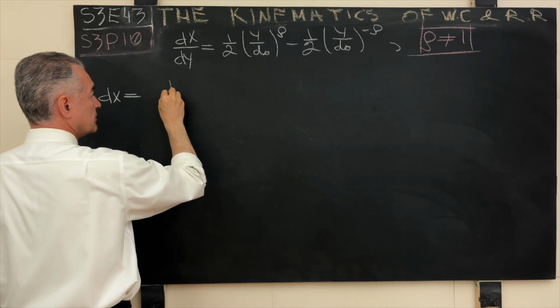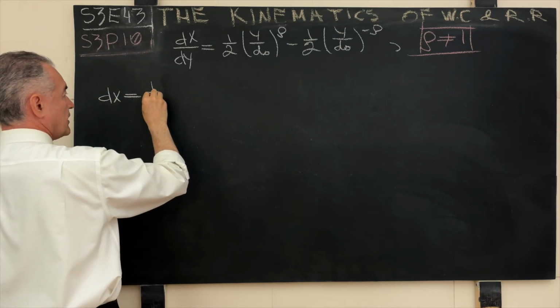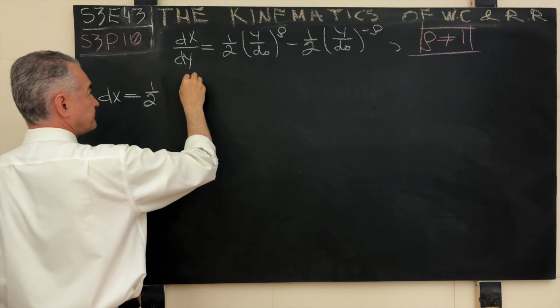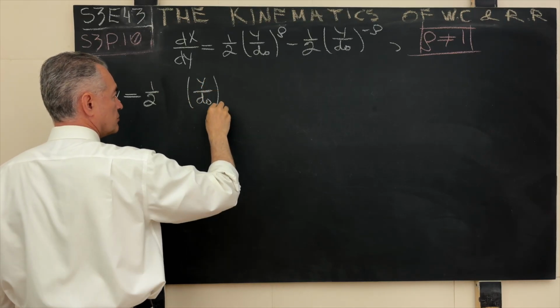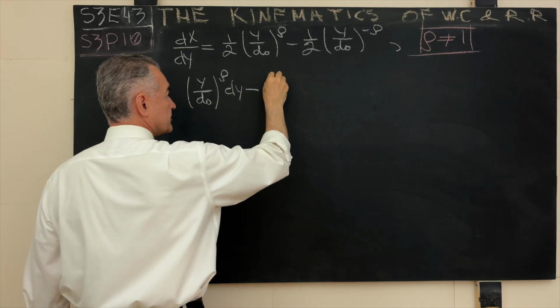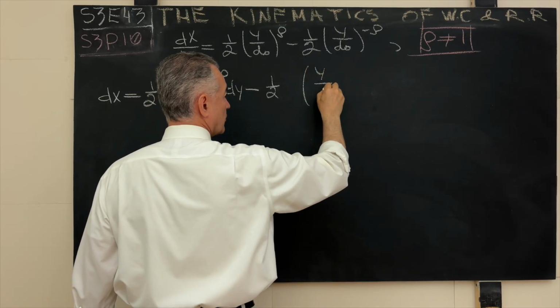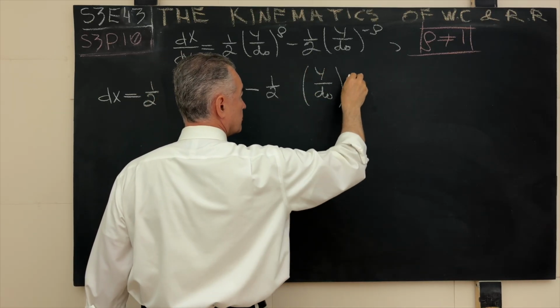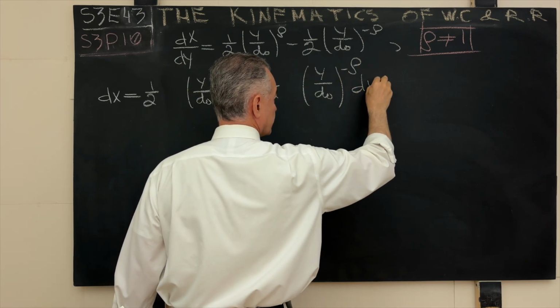We will have, let me write it down this way suggestively, 1/2 of y over d0 raised to the power of rho dy minus 1/2 of y over d0 raised to the power minus rho dy as well.